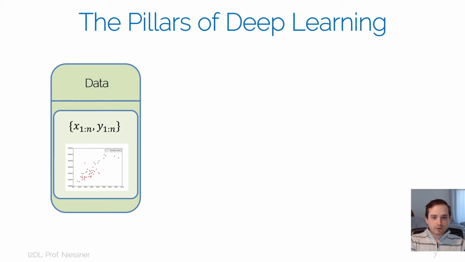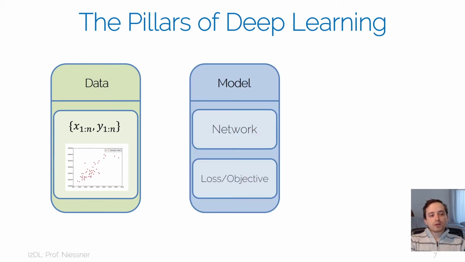And the second pillar will then be the model, which is both the network that does the prediction, but also the loss function, or the objective function, or the cost function you're trying to minimize. That is how you evaluate your model, its performance on the data. Going further with the example of regression, this is what the loss function would be.